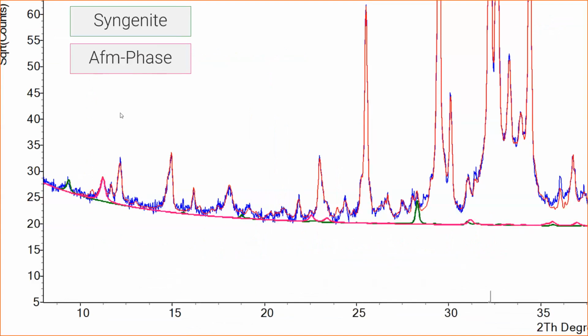In contrast to ettringite, which is an AFt phase, a tri-phase, we are talking here about mono-phases, so calcium aluminate hydrate with an anion group, which could be SO3, which could be carbonate or whatever. The phases we are talking about are called, for example, monosulfate, monocarbonate, hemicarbonate, things like that.